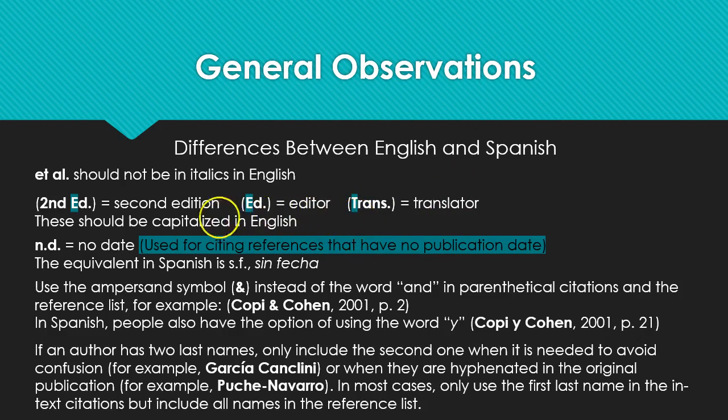Or if a source has no date, in English, instead of putting the year, we can put ND, which means no date. The equivalent in Spanish would be SF, sin fecha.